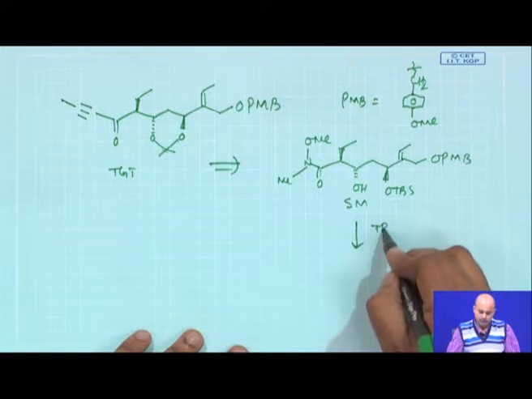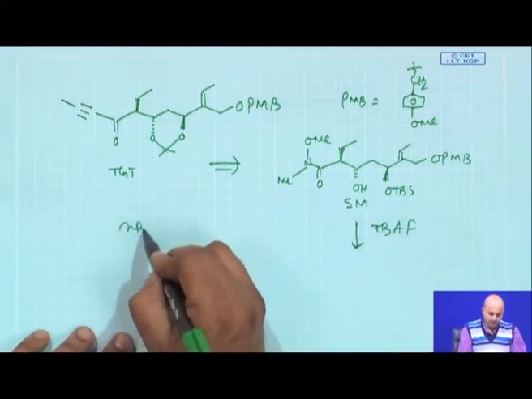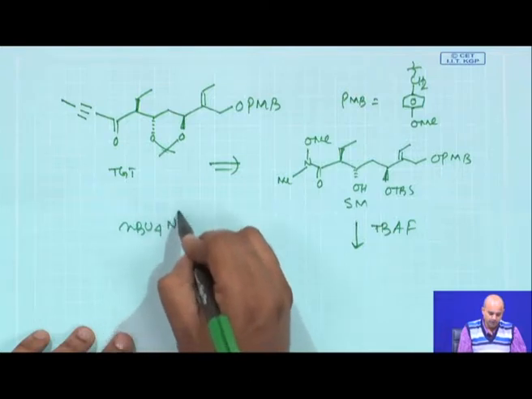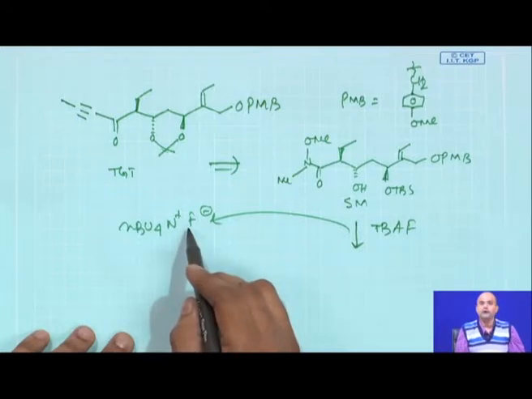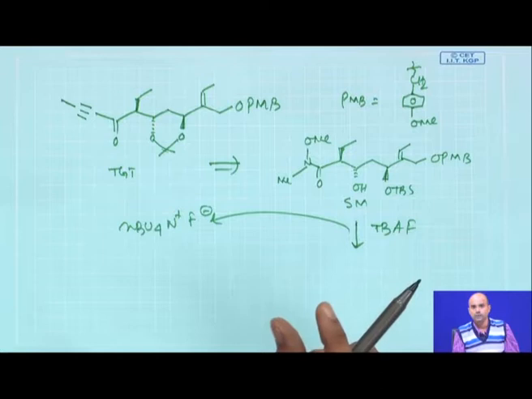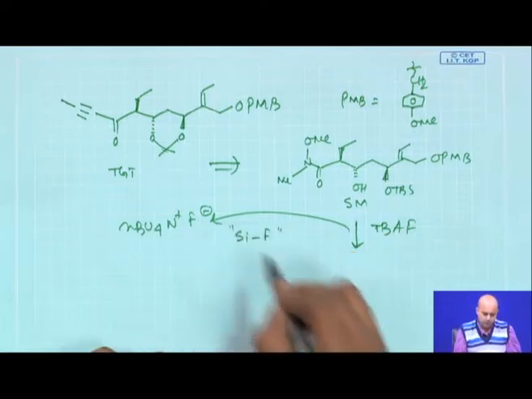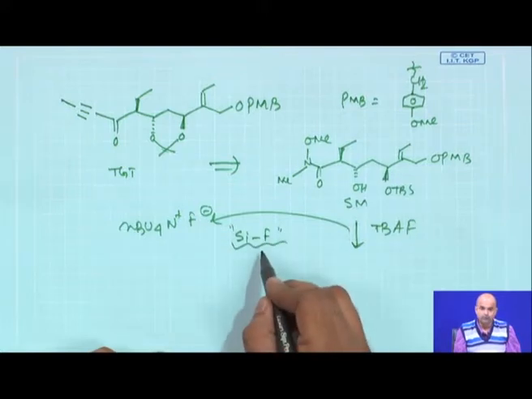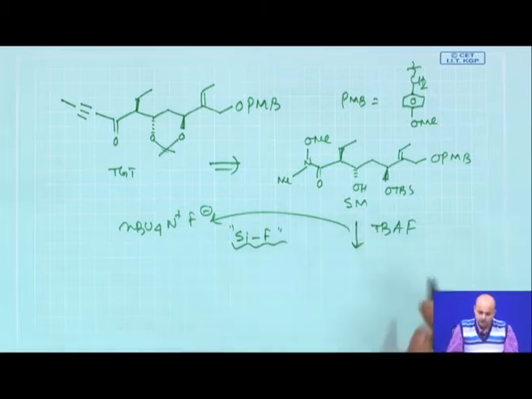The best way the silyl can be removed is TBAF, tetrabutylammonium fluoride, nBu4N+ F-. The fluoride ion has a tremendous affinity towards silicon; the silicon-fluorine bond is very strong, and that is the driving force. So, normally a fluoride can clip the oxygen-silicon bond.